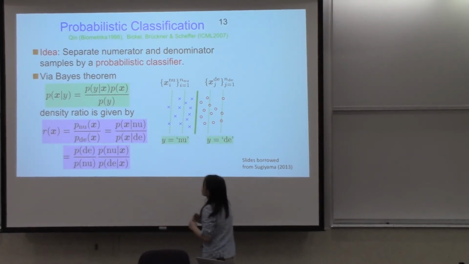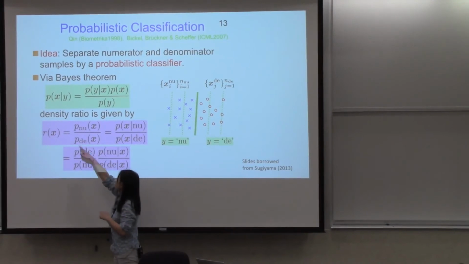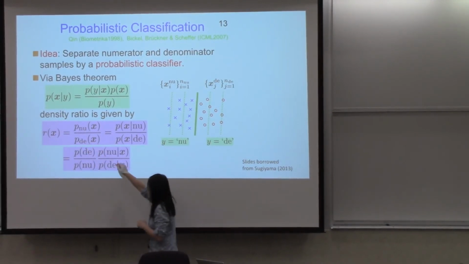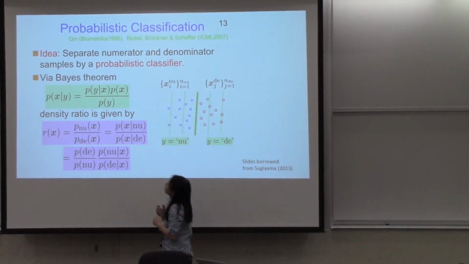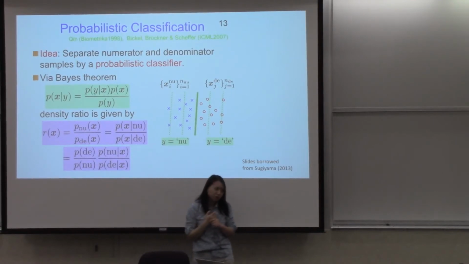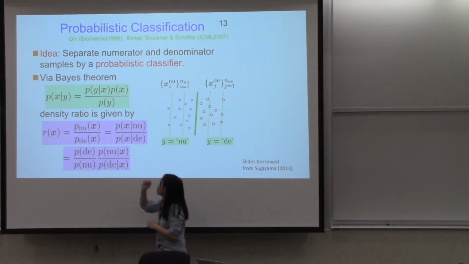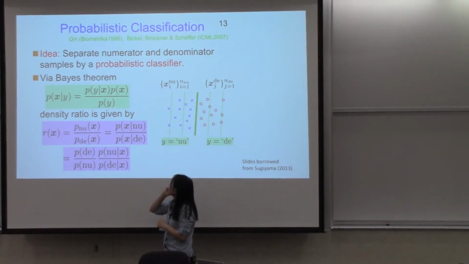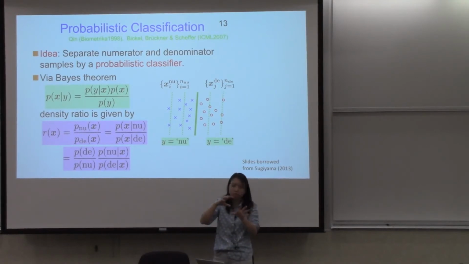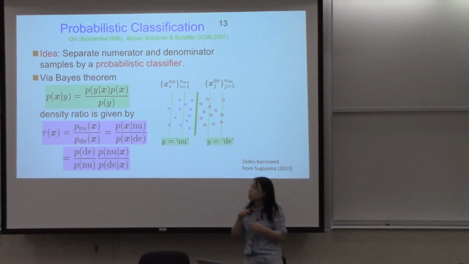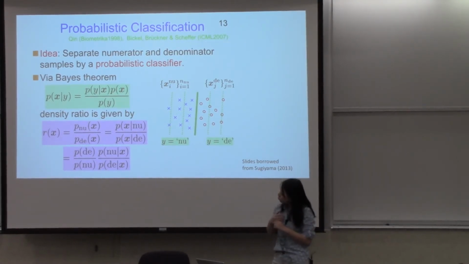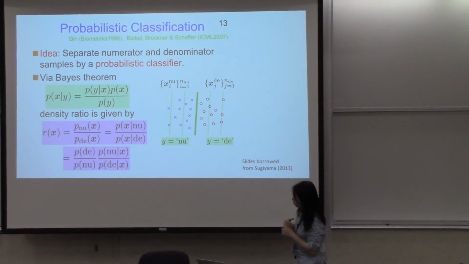So let me see. This is clear. This ratio equals this thing is clear, and then it equals this. I think it's kind of intuitive because this actually just says what's the probability of X in this source distribution. And the second one, the probability of denominator given numerator, you can directly compute.